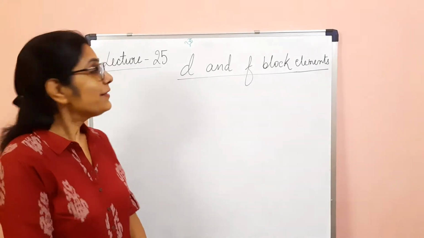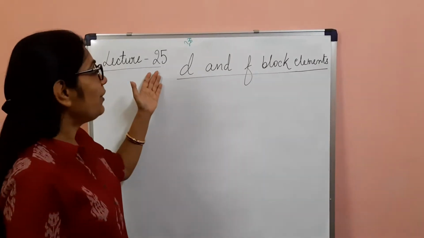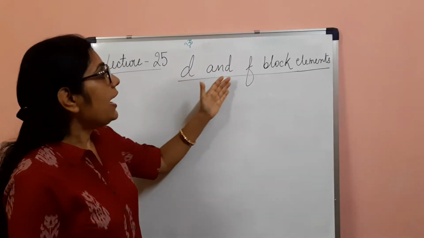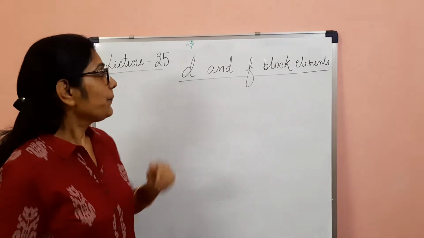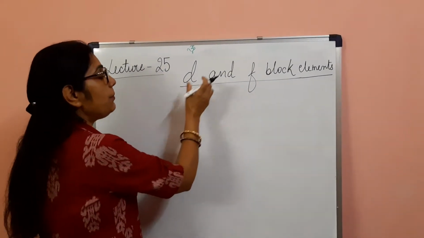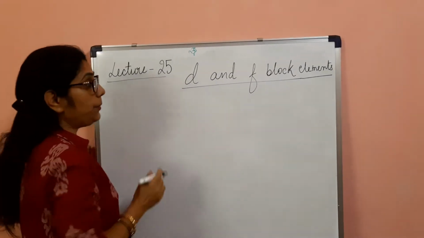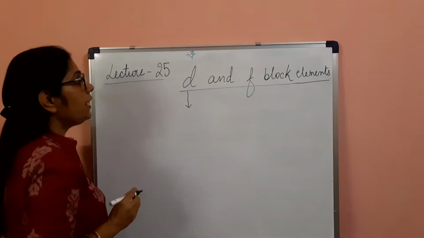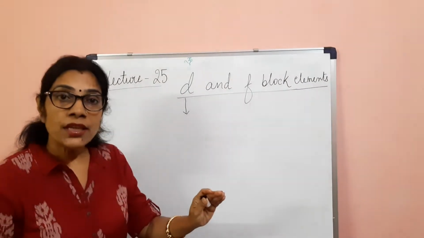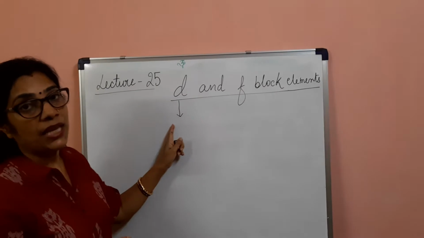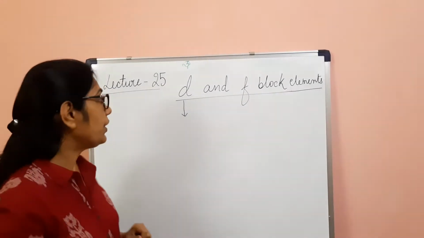Hello everyone, welcome to lecture 25 and today we are going to start D and F block elements. Separately we will discuss D block elements and then F block elements. So far as D block elements are concerned, elements in which the last electron enters in D subshell are known as D block elements.